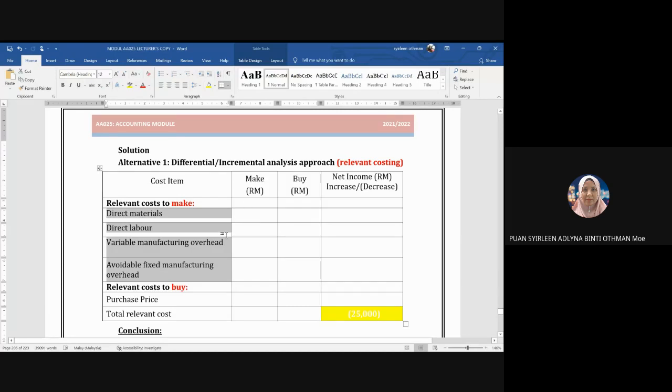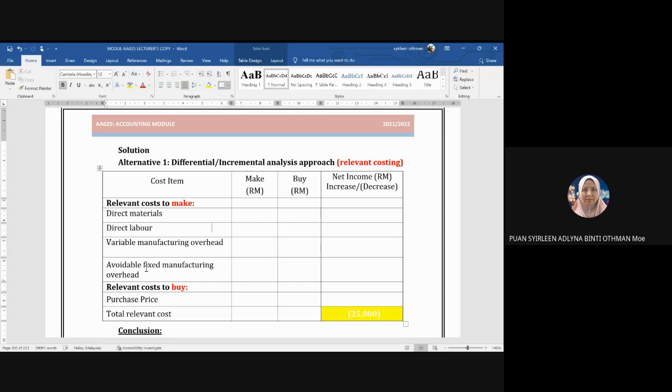Okay, kalau you tengok dalam soalan ada fixed manufacturing overhead, betul? Tapi Madam tak ambil keseluruhan figure which is 60,000 sebab kita tahu 60,000 tu is not relevant. Irrelevant cost. Sebab 60 tu apa jadi pun kena bayar. Tapi saya cuma ambil kira perbezaan yang Madam perlu tanggung kalau I make or I buy.